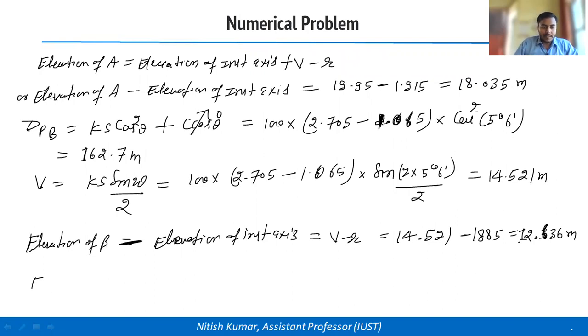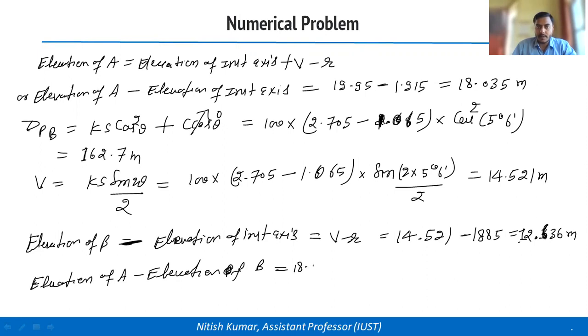So now we can calculate the elevation of A minus elevation of B. Here 18.066, and then we are getting 5.3.